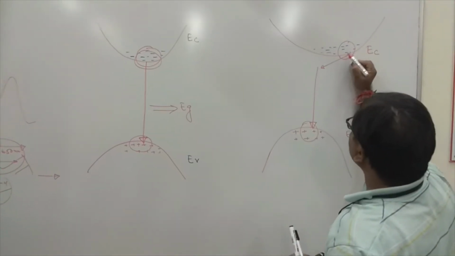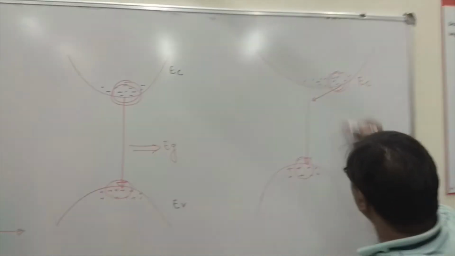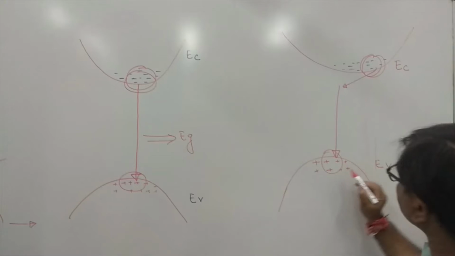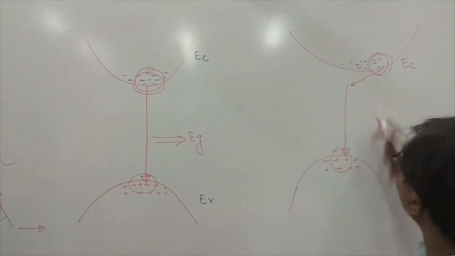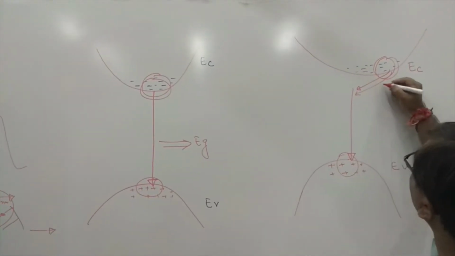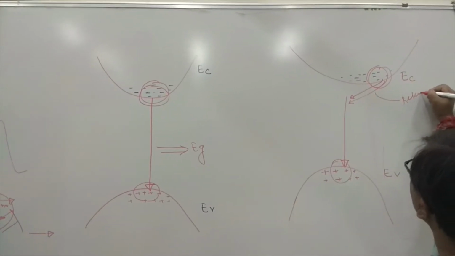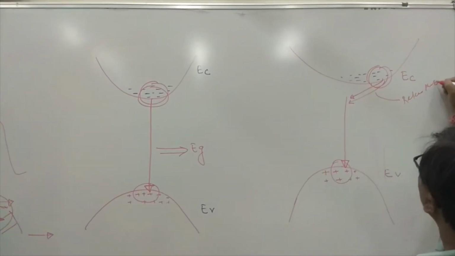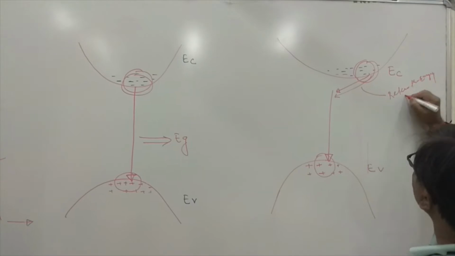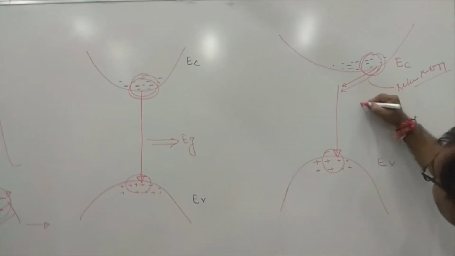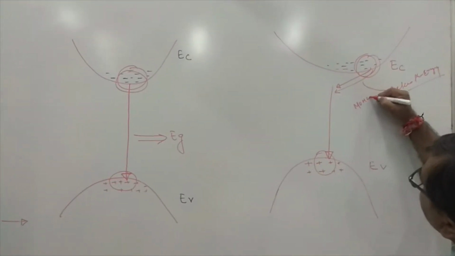Since the electron is not aligned with this hole, you should release the energy. And due to the release of energy, there is a momentum shift, right? Momentum shift.